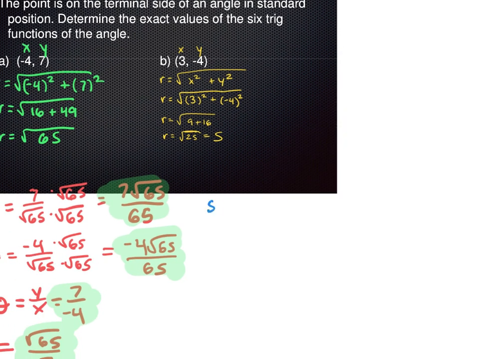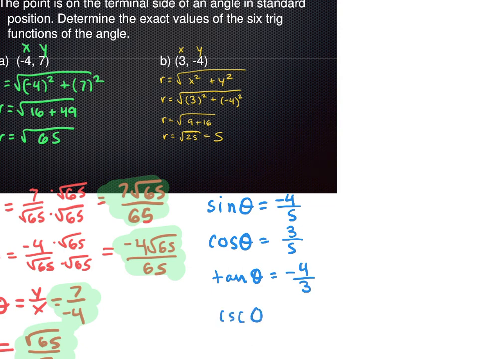So sine of theta is what? Negative 4 over 5. Cosine of theta, 3 over 5. Tangent of theta, negative 4 over 3.